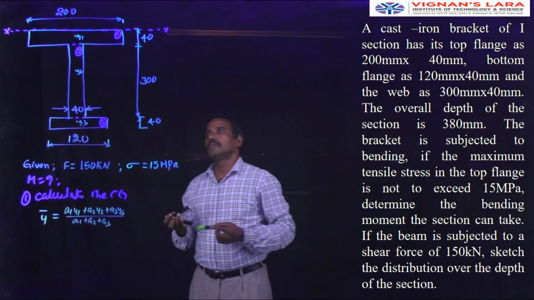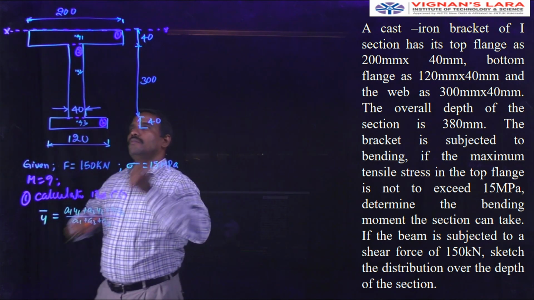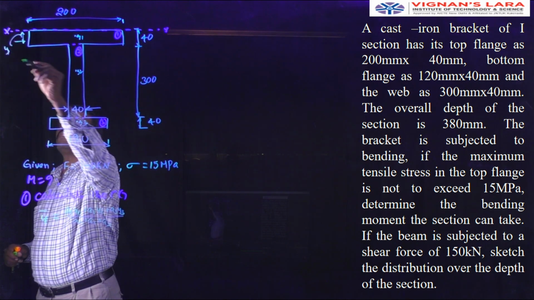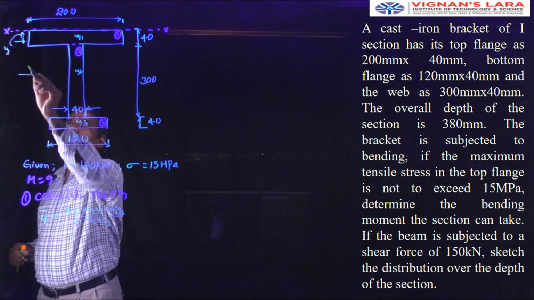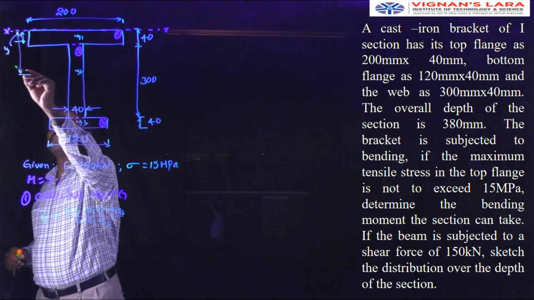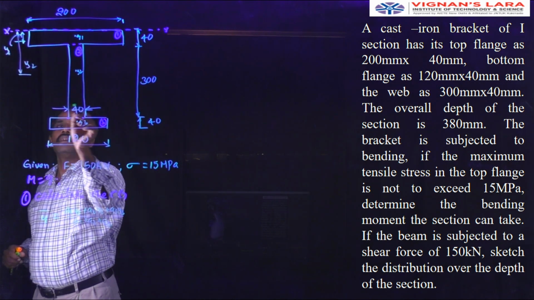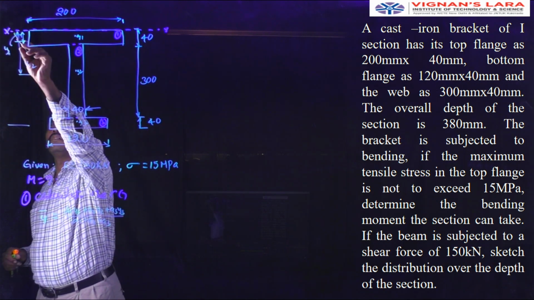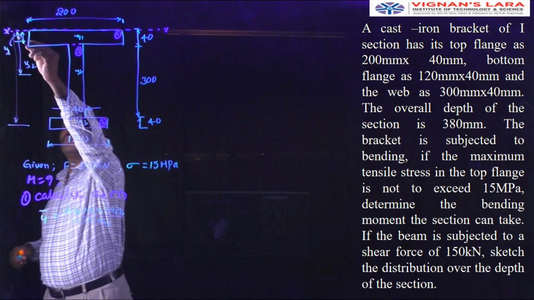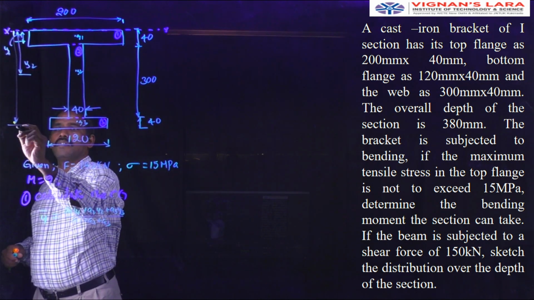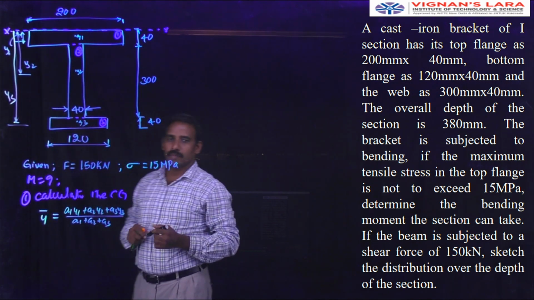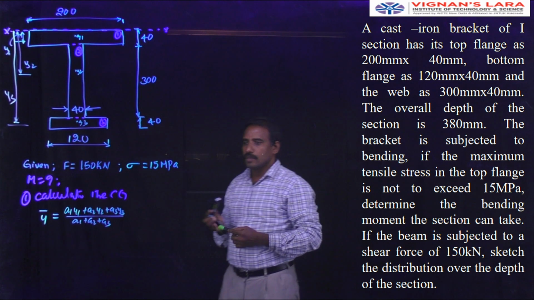Now, represent the y1 from the chosen coordinate axis. This is y1, this is y2, then this is y3. So from the geometry we can say all the values.